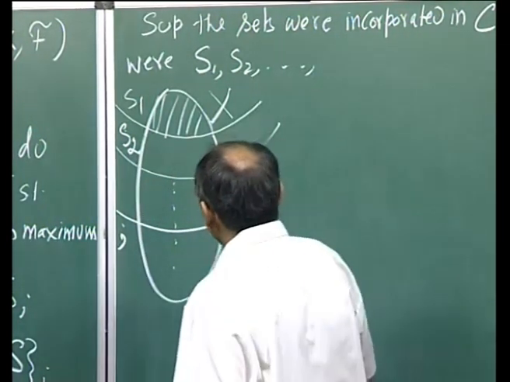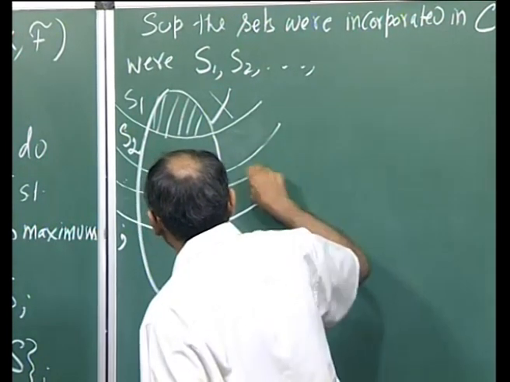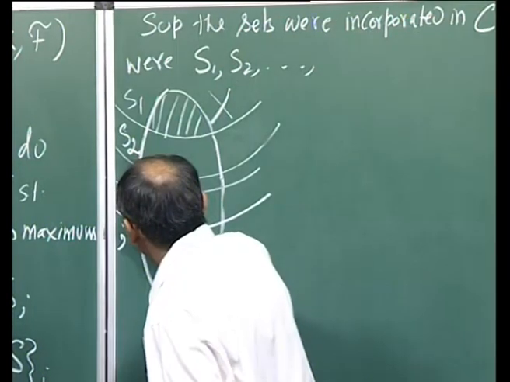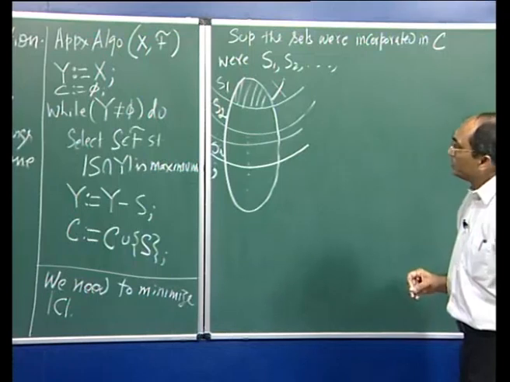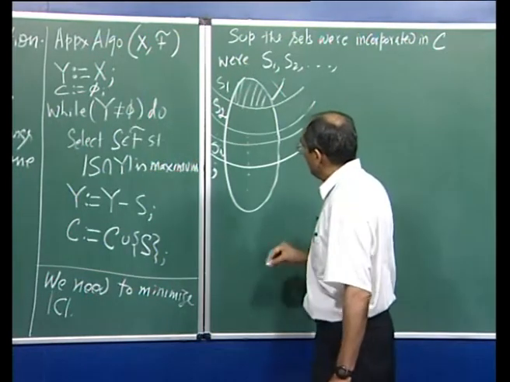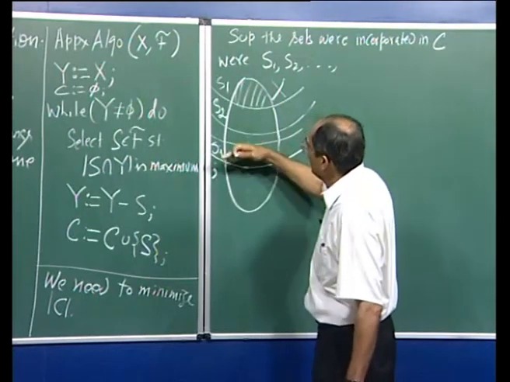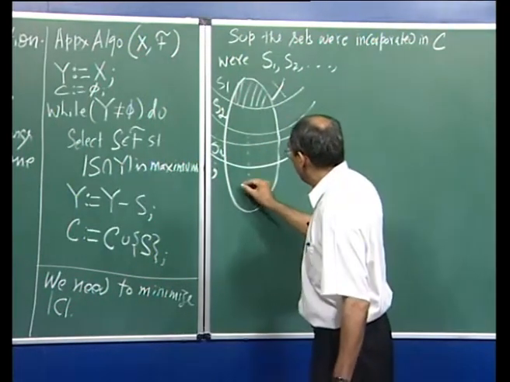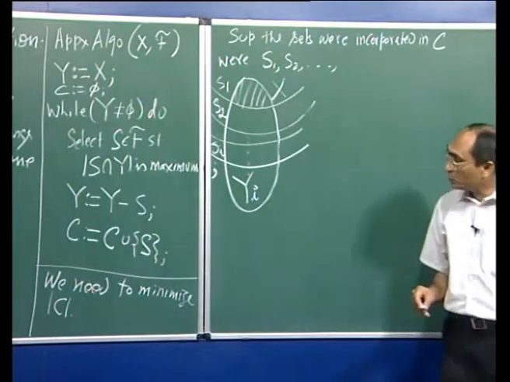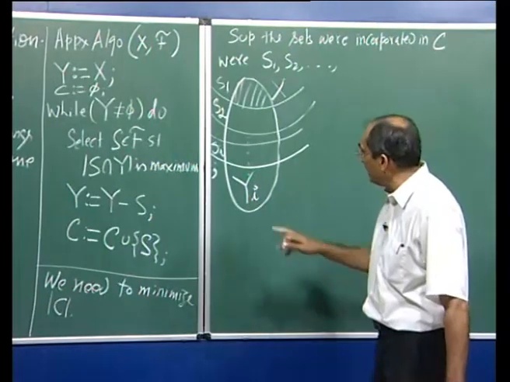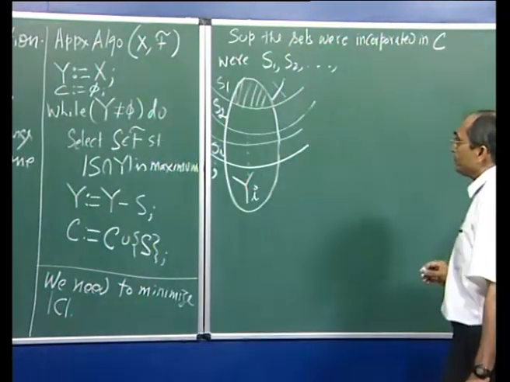And the last one is say Si here. After these elements are eliminated, this is Yi, the value of Y after i sets have been put into the cover.